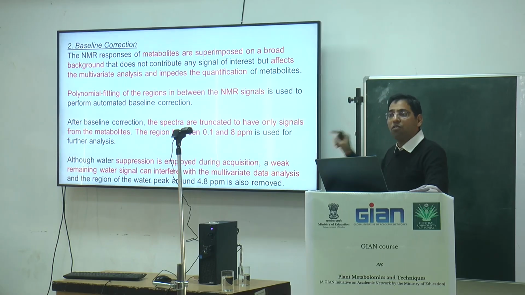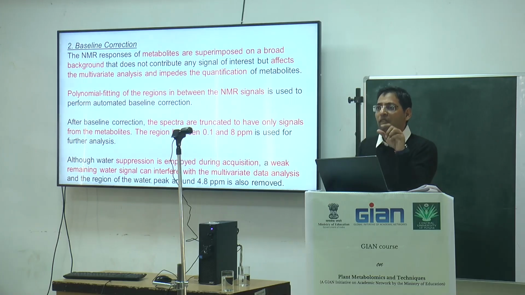Water gives a peak at 4.8 ppm. We have an algorithm, we just click. Whatever peak is present at 4.8 ppm after spectrum alignment, not before the spectrum alignment, they reduce that peak to 0. So now there is no peak of the water either.